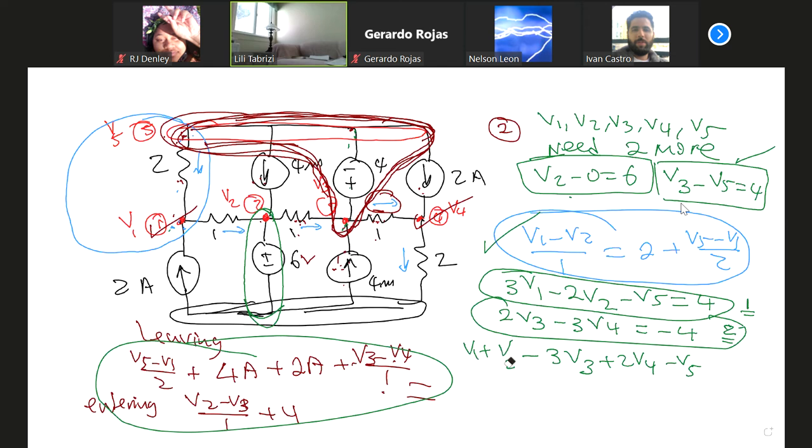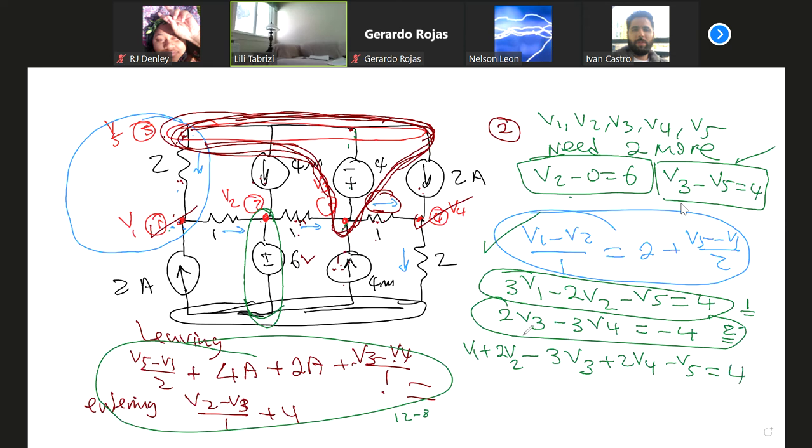Because you can do it in several steps, I'm trying to save time. So v1, 2v2, 2 and 1 is 3v3, and v4 is 2v4, minus v5, equal to 4 plus 2 is 8, 6 is 12, because you multiplied both sides by 2, the denominator, minus 8, because 4 is also multiplied by 2, taking the constant to the other side. 12 minus 8 is 4.